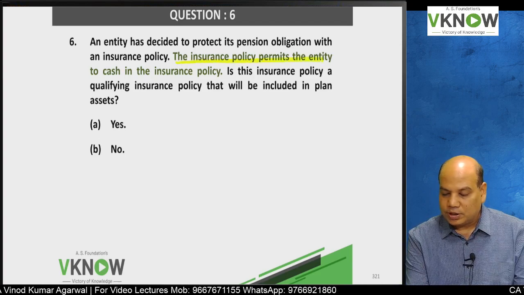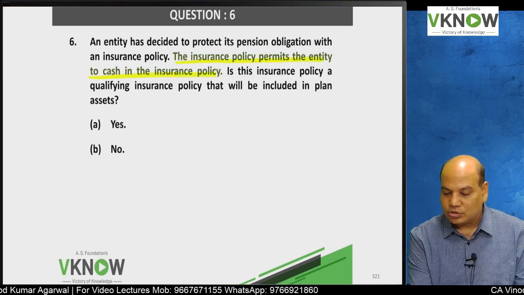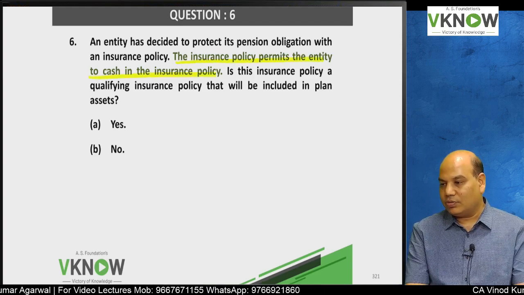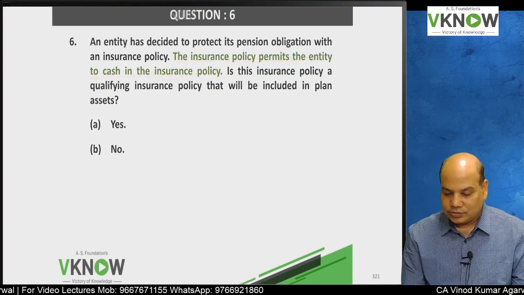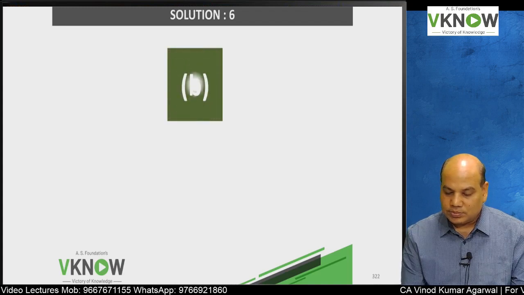The insurance policy permits the entity to cash in the insurance policy. Will it be included in the plan asset? The answer is no, because the insurance company will make the payment. Answer is B. It is not included in plan asset.